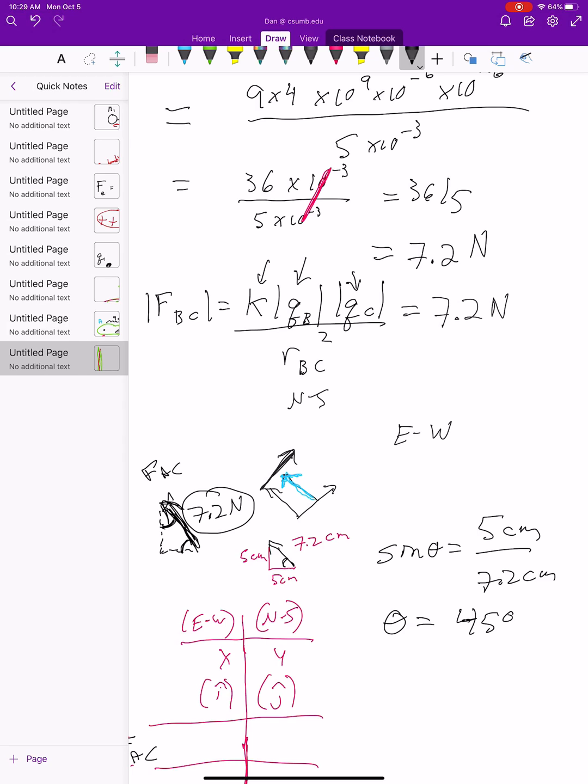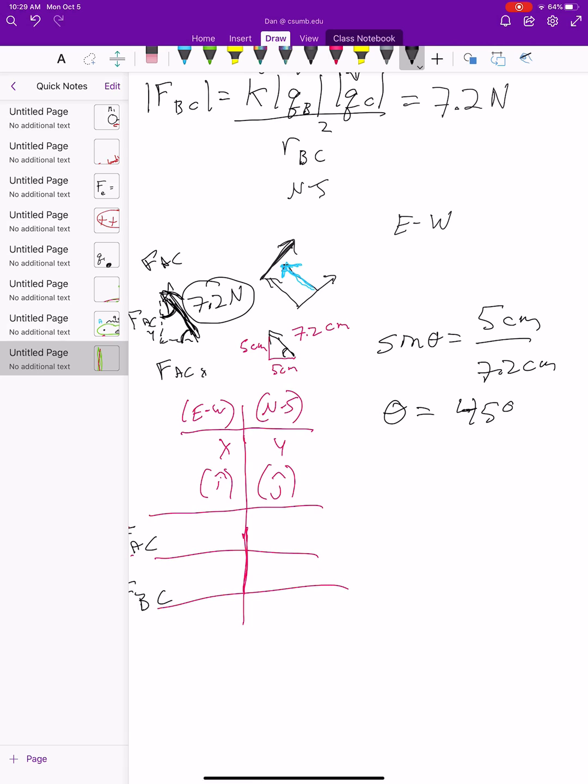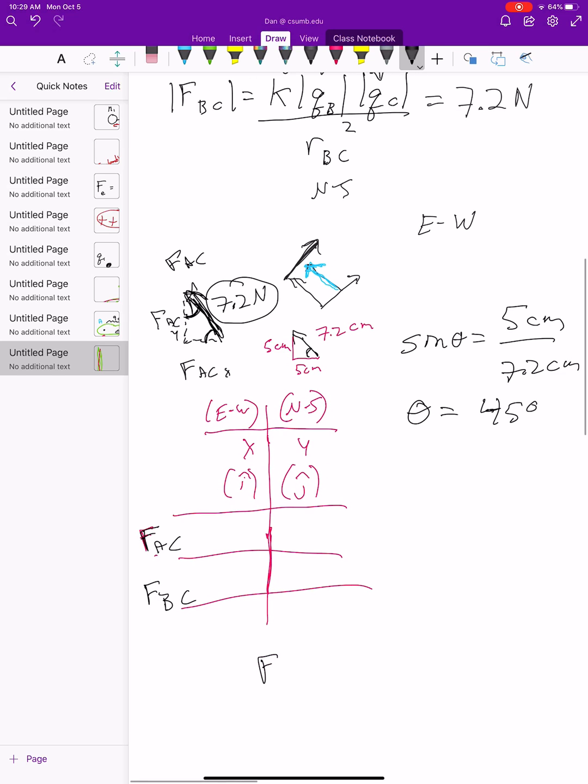So I have to find FACX and FACY. I have to apply SOHCAHTOA to my 7.2 newton hypotenuse. So FACX, which is what I'm going to put into this cell right here, is equal to 7.2 newtons times the cosine of 45 degrees.